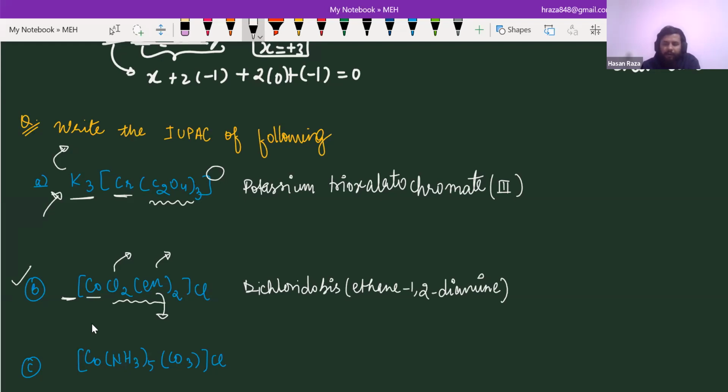After ending with the name of the ligands, come to the central metal atom, which is cobalt. Because there is no negative charge, and if you remove this chloride, there will be a positive charge, the name of the central metal atom will be as it is, cobalt. Then write the oxidation state, which again will be 3, and just give some space and then write chloride. Is that clear?